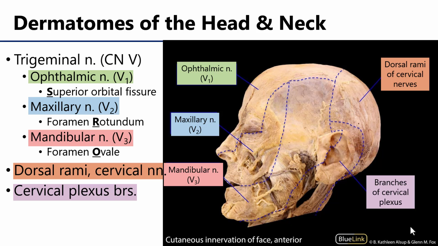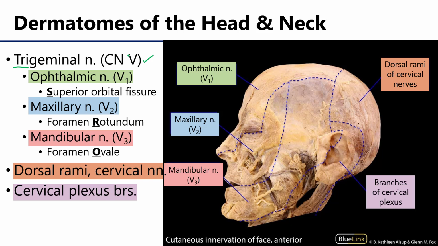So a major player in the face is the trigeminal nerve, or cranial nerve number 5. The trigeminal nerve has 3 major divisions, as you can guess by its name, and we call them V1, V2, and V3.